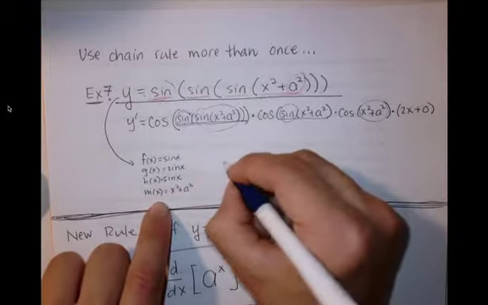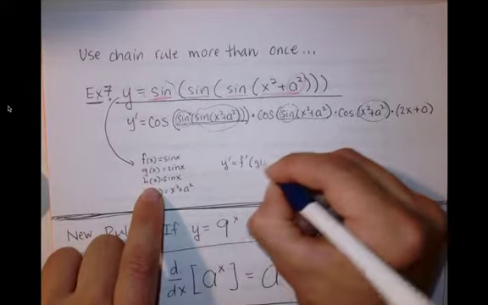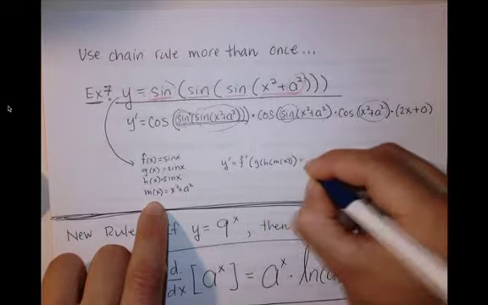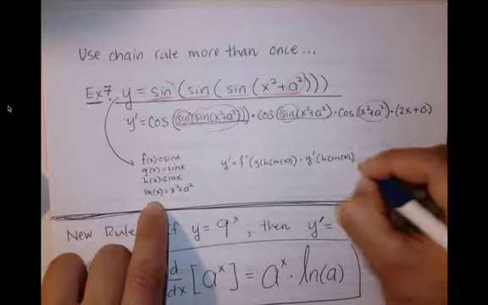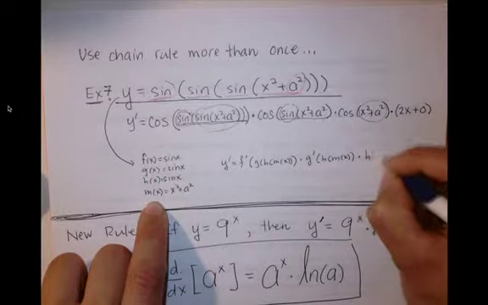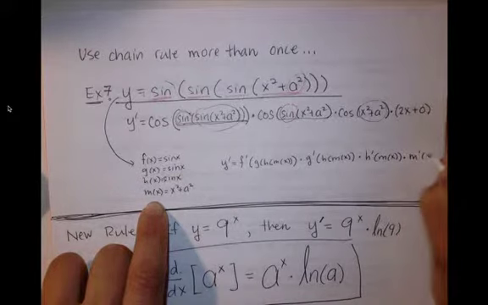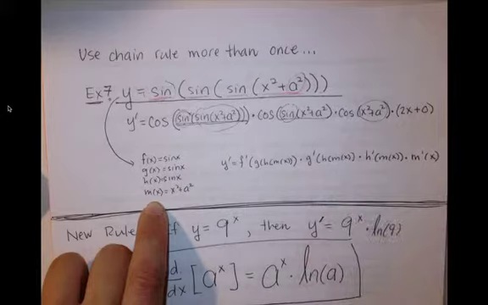So y prime in this case was f prime of g of h of m of x times g prime of h of m of x times h prime of m of x times m prime of x. So you can see here I'm using the chain rule 1, 2, 3 times.